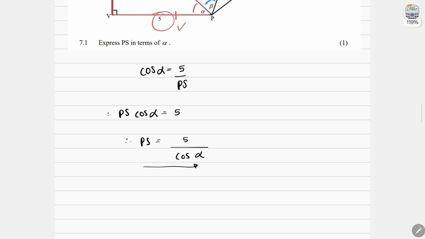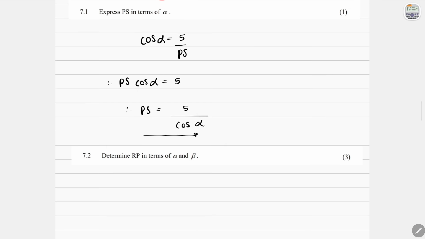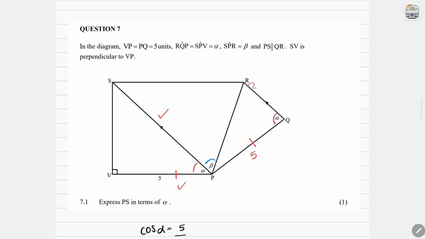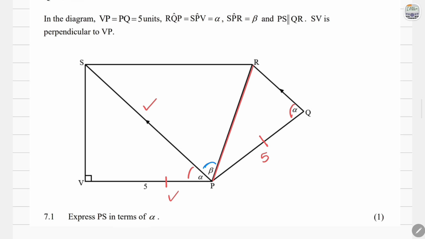Moving on to the next question. Question 7.2 says, determine RP in terms of alpha and beta. So RP. We're not using this anymore, but we're using this with RP. You can either use this triangle over here, or you could use this triangle. Let's decide.